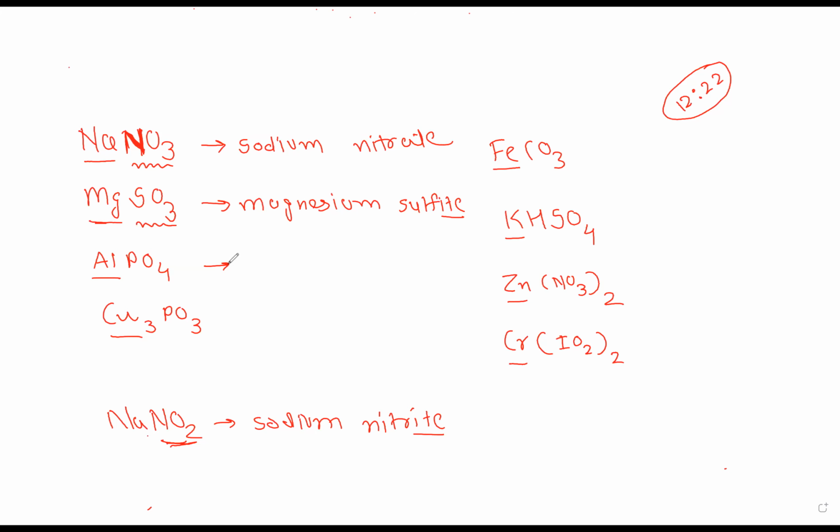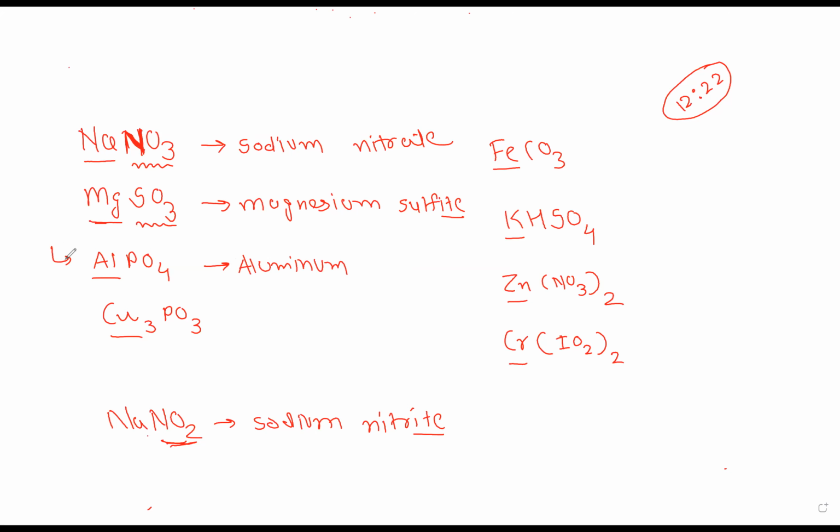AlPO4. What should be the name? Aluminum phosphite? Aluminum phosphide. Are you going to call it ITE or ATE? Isn't it ITE? Can you look at the 5-box table?